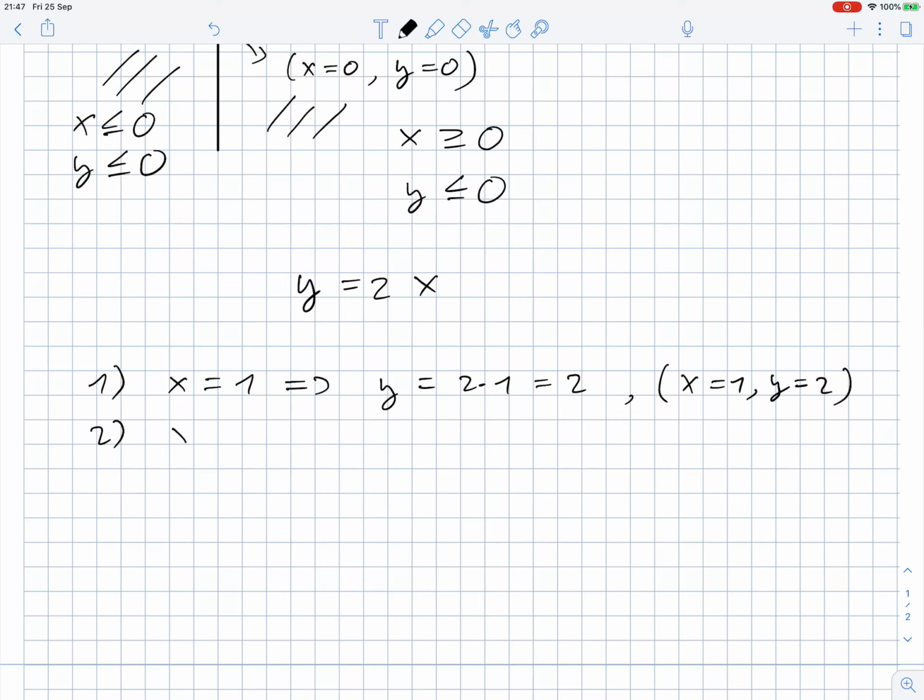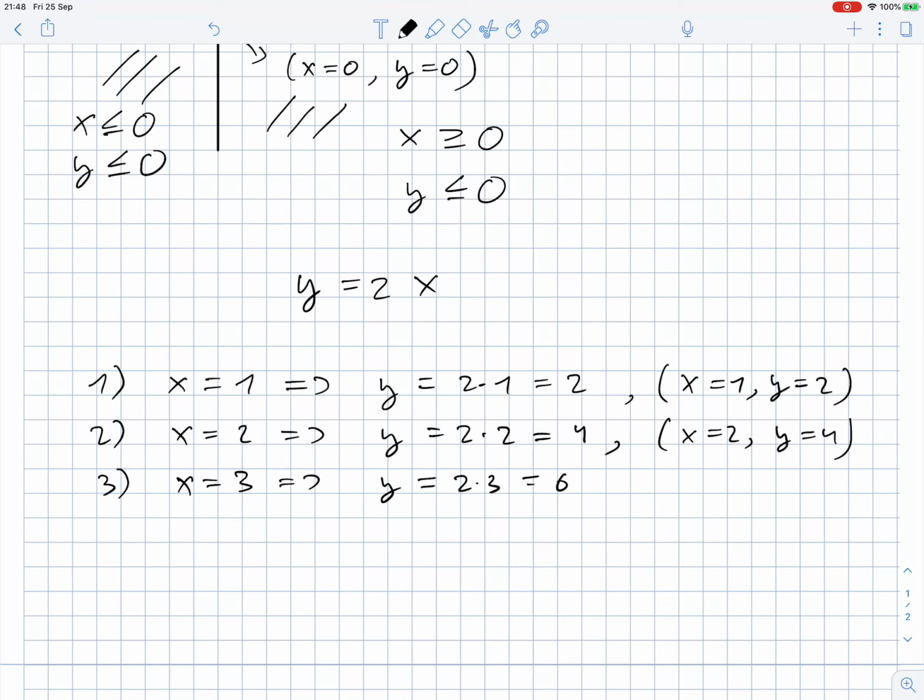Second point, x equals 2, therefore y equals 2 times 2 equals 4, and we will have to find the point where x equals 2 and y equals 4. The third point, x equals 3, therefore y equals 2 times 3 equals 6, and we will have to find the point where x equals 3, y equals 6.